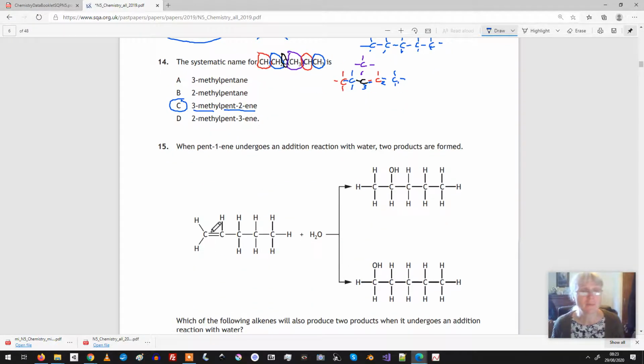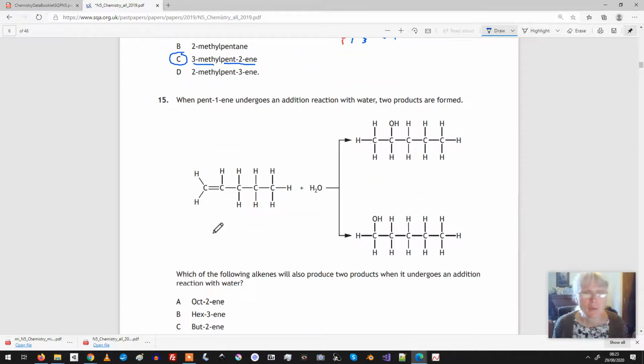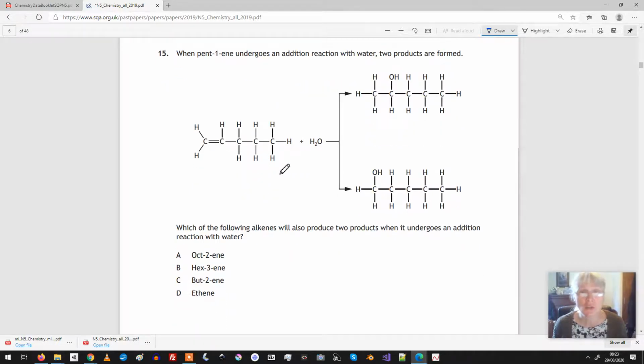Question 15. When pent-1-ene undergoes an addition reaction with water, 2 products are formed. Which of the following alkenes will also produce 2 products when it undergoes a reaction with water? Well, some of these won't produce 2 products because they're symmetrical.